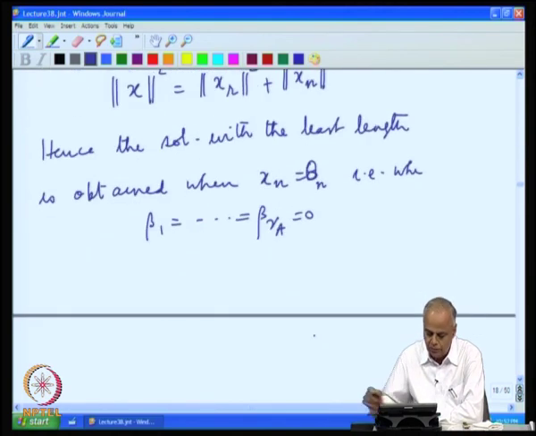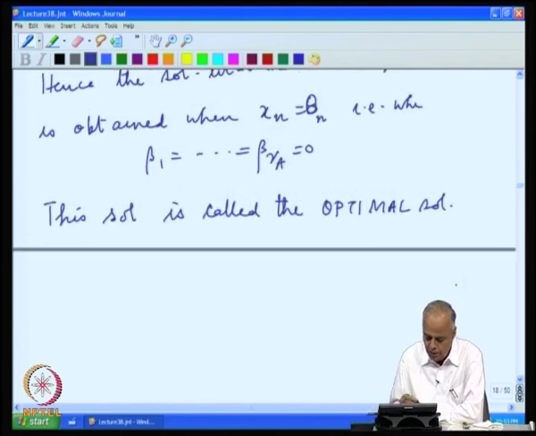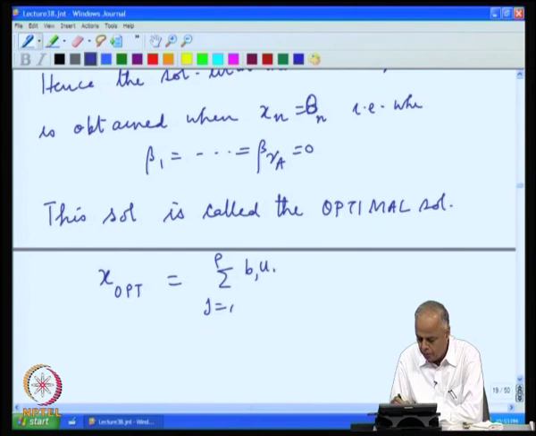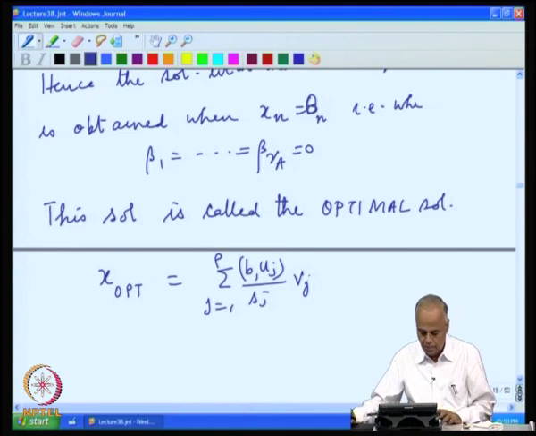So, this solution is called the optimal solution. We will denote it by x optimal, and that is given by summation j equal to 1 to rho b u j by s j v j, where now rho is less than n.